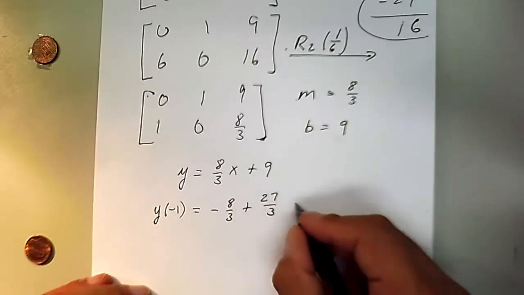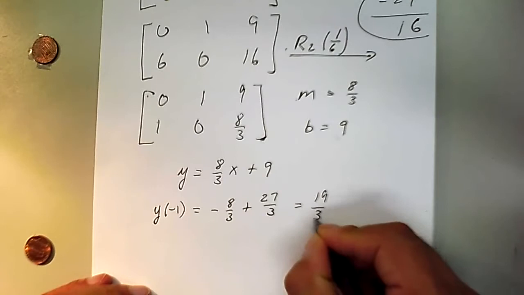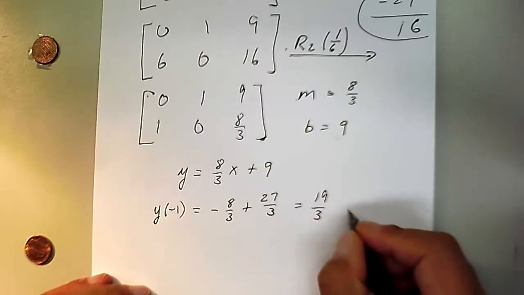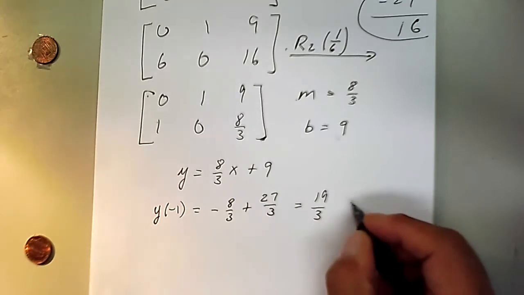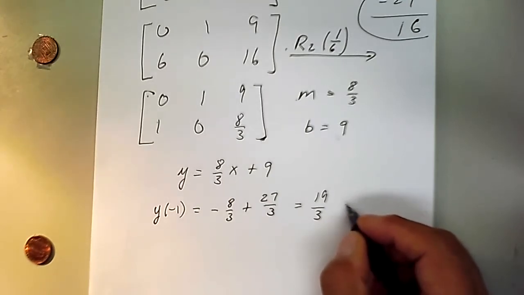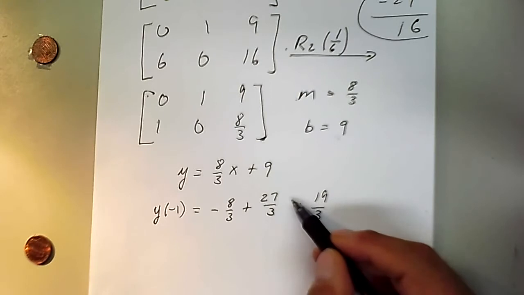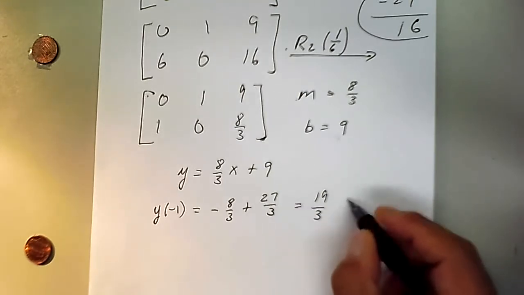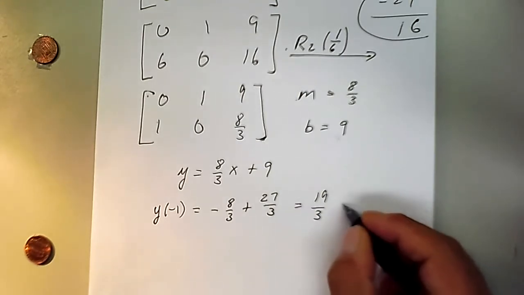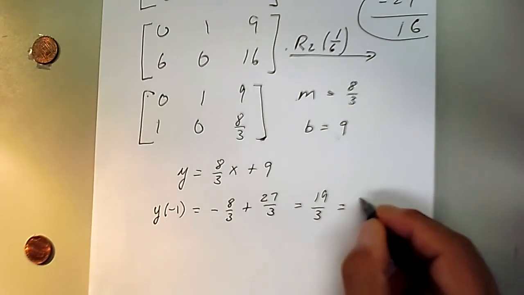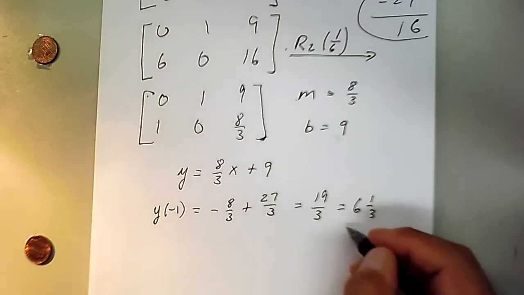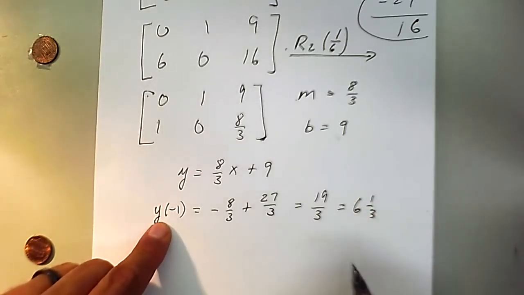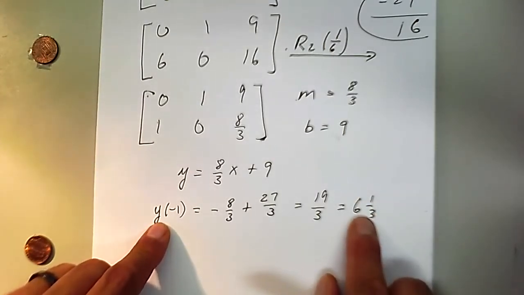So that is 19/3, which is 6 1/3. And the reason why I'm puzzled is because the output of -1 should have been 4. So this is off by a little bit.